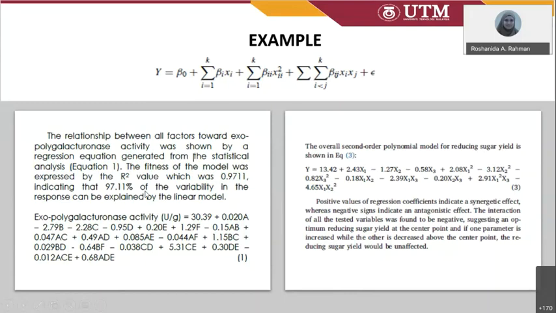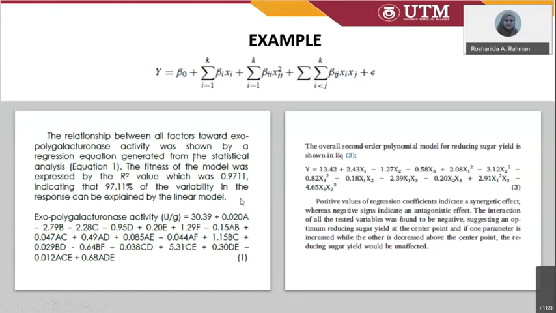You can see here the relationship between all factors toward the activity, the yield, the Y. The activity is shown by this equation, and the fitness of the model is R squared. Later on, I'm going to show you.